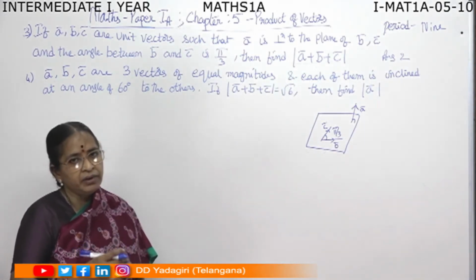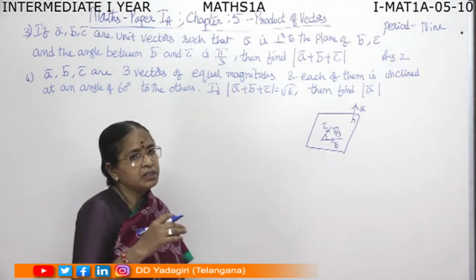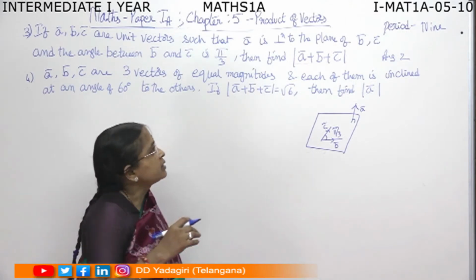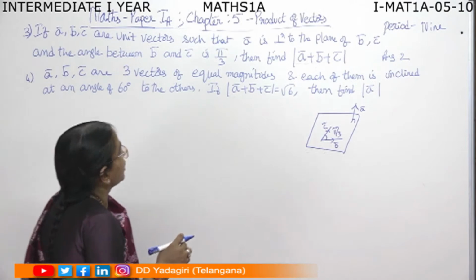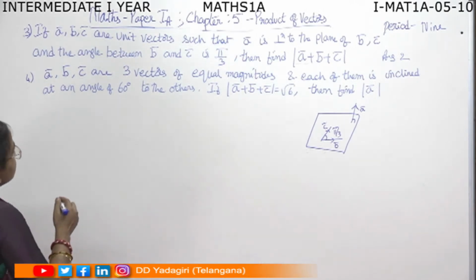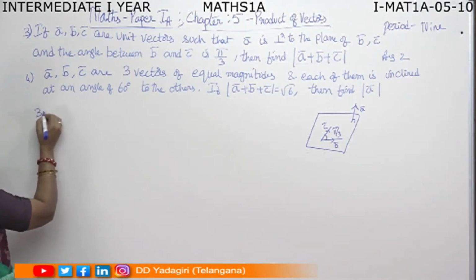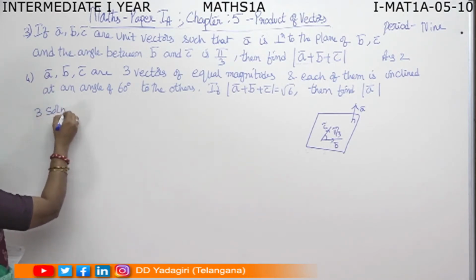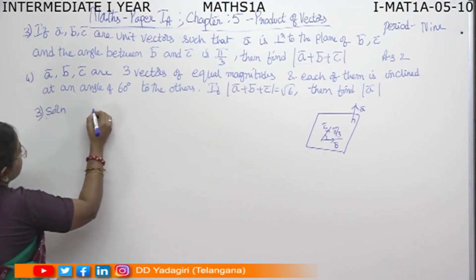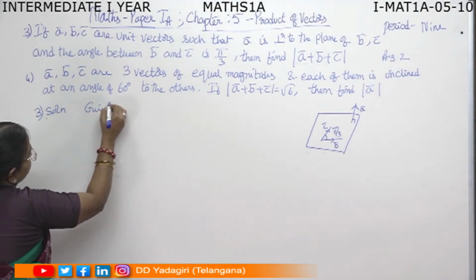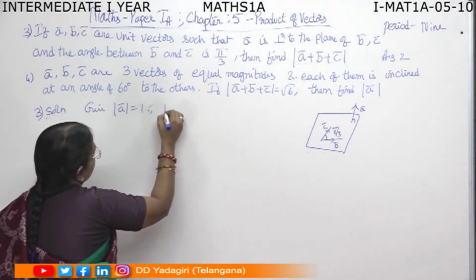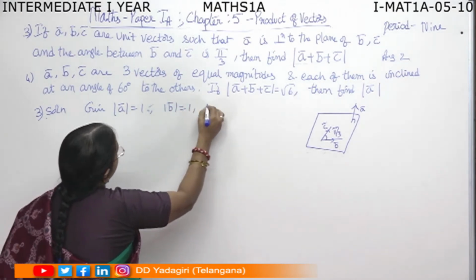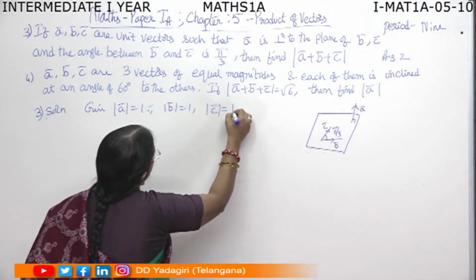As I explained, whenever you have mod of A plus B plus C, always find mod of A plus B plus C whole square and do it. So A, B, C are unit vectors. So third problem solution. You are given mod A is equal to 1, mod B is equal to 1, mod C is also equal to 1.